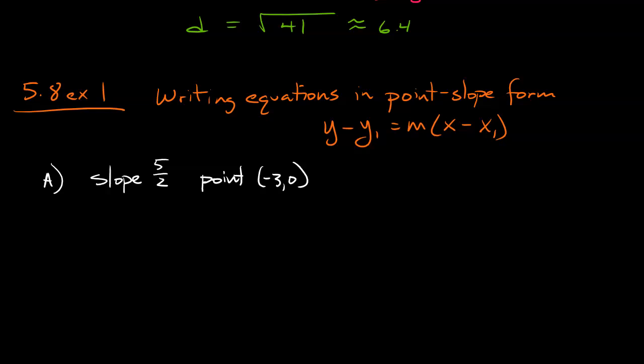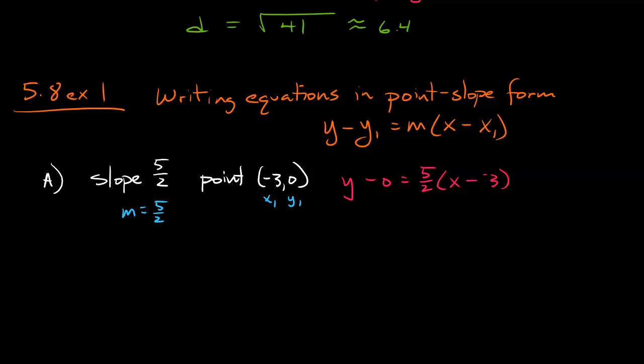The slope is always referred to as m. And if you have a point, this is x1 and y1. You're basically just going to plug these numbers into the correct spot. So y minus y1 would be 0, equals slope, or m, times x minus x1, which is -3.